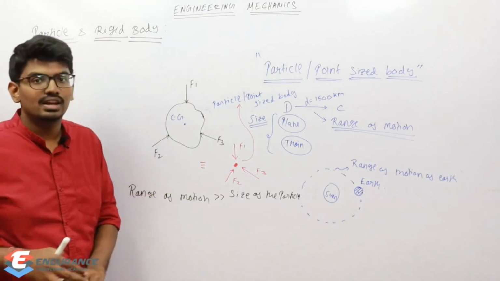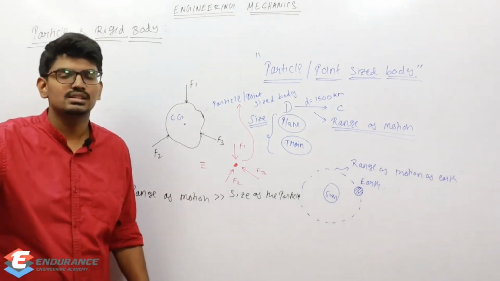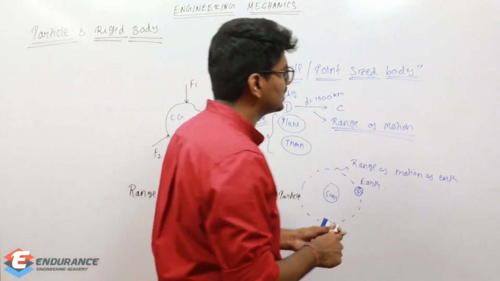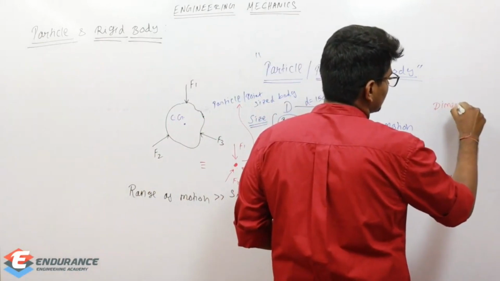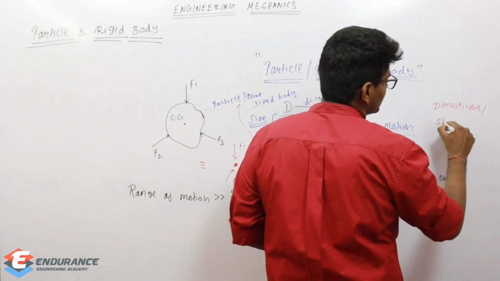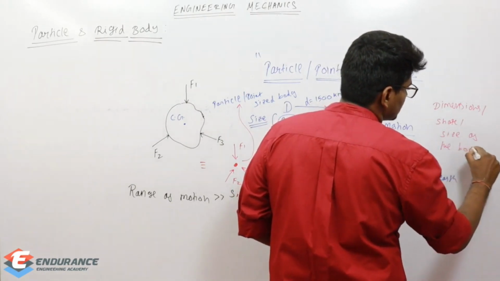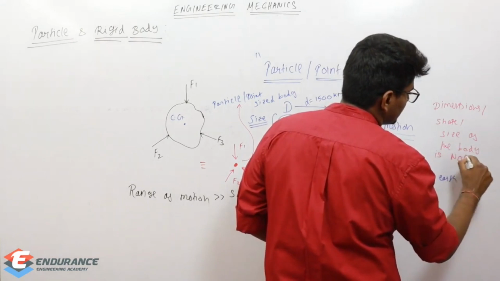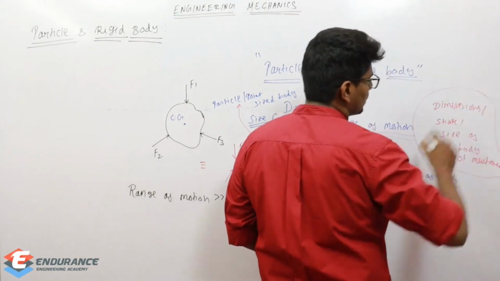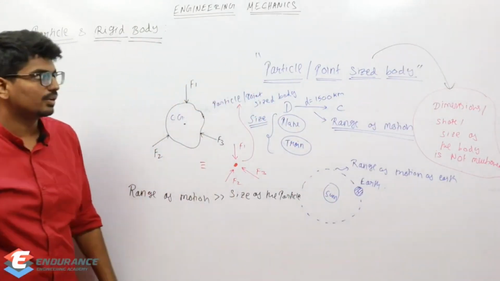But when I need to use it in problems, they are not always going to specifically mention that it's a particle or point-sized body. They might, but not always. So remember this simple logic: when the dimensions, shape or size of the body are not mentioned, then I can treat that body as a particle or point-sized body.